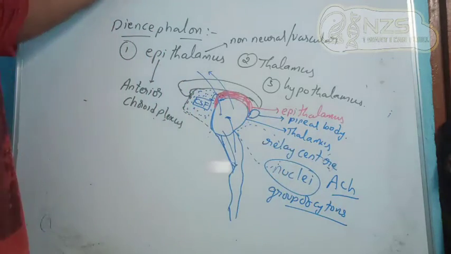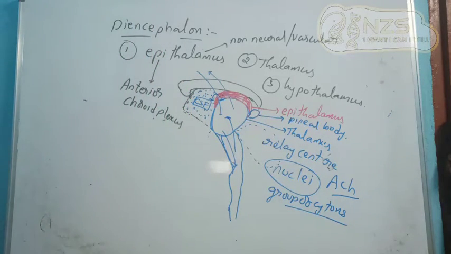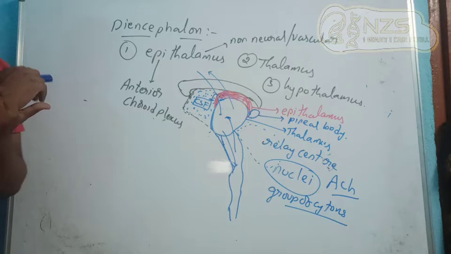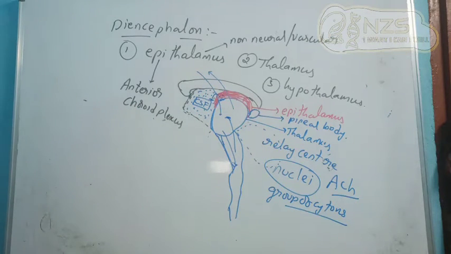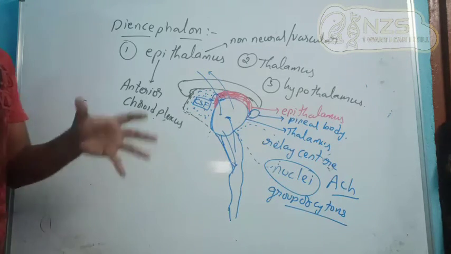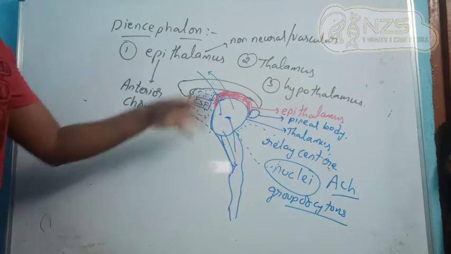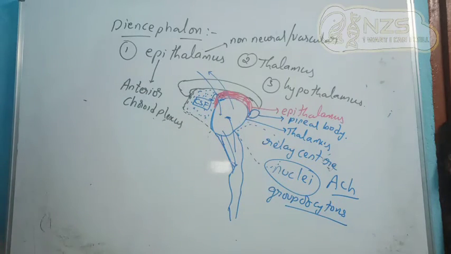So this pineal body is important for some functions. It will regulate hormonal secretion, one of the hormones, melanocyte stimulating hormone if I am not wrong, or thymosin, whatever it is. So there is some hormone released by this pineal body. It is also important for endocrine regulation, or the chemical regulation of the body.